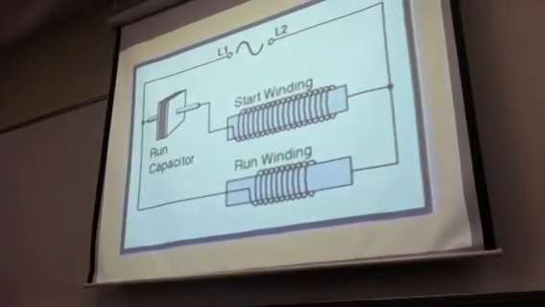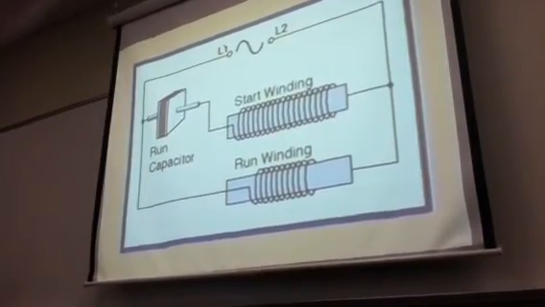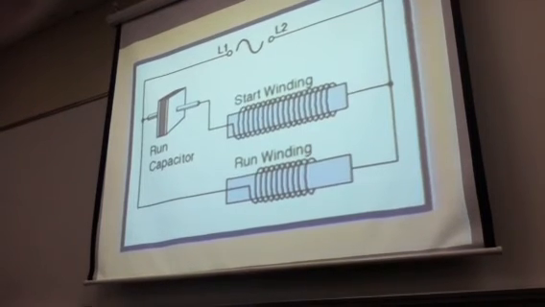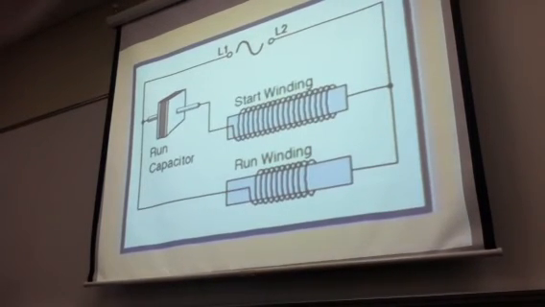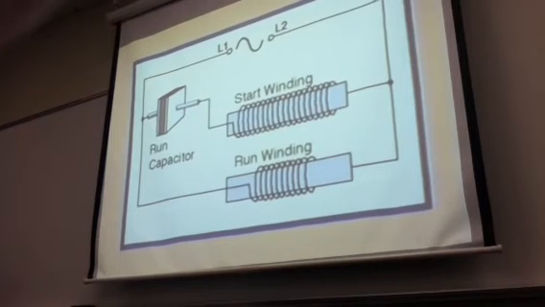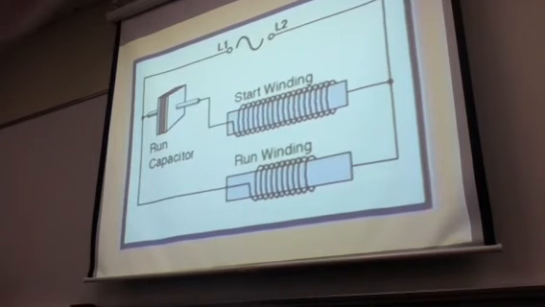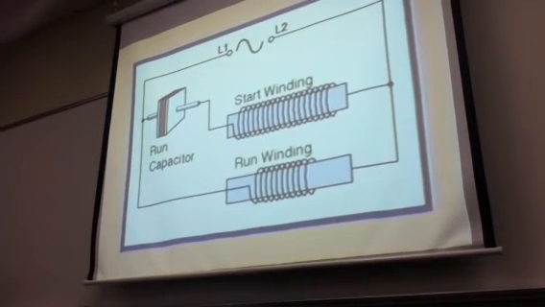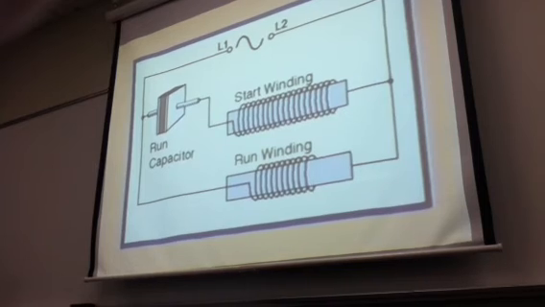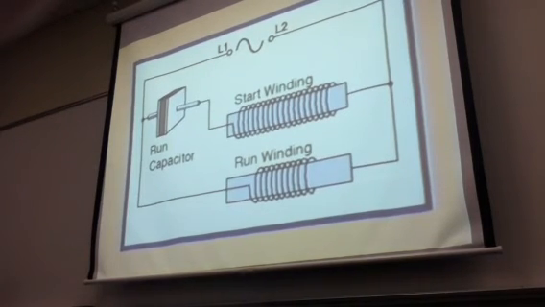Now let's discuss how different types of motors work. The diagram of our earlier motor has been redrawn to show two coils or windings in parallel. A capacitor is in series with one of the windings. The parallel circuit is energized by power source L1, L2, as you will normally see in a schematic.